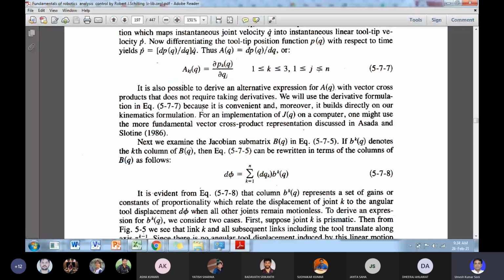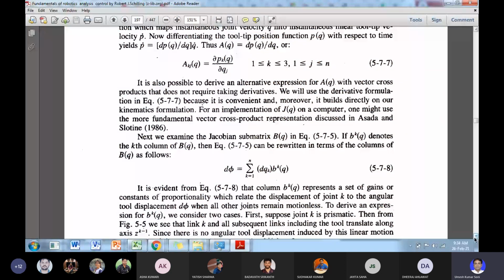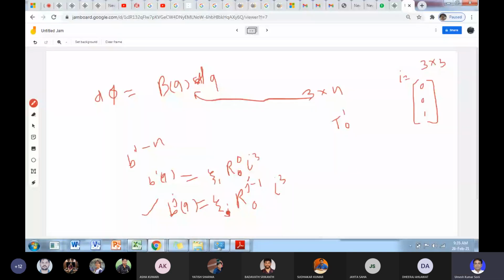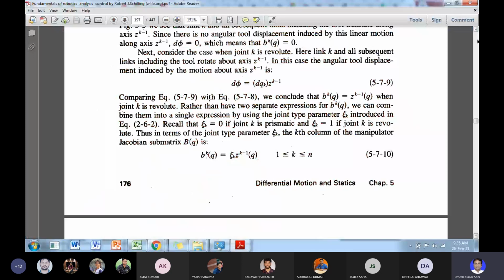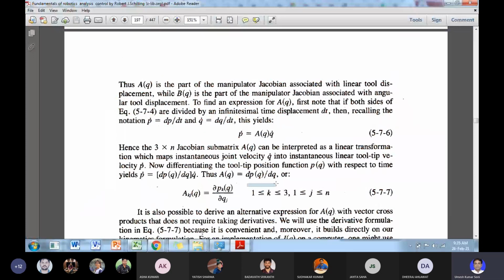So I am taking J there. You consider this in place of K in the book for this part only. Up to here it is right: K equal to 1 to 3 he has taken, and joint J equal to 1 to n.